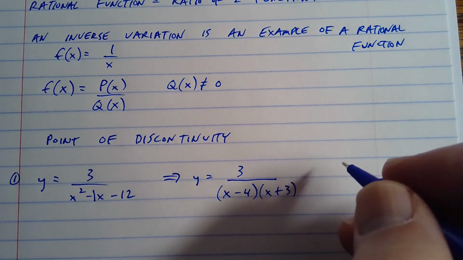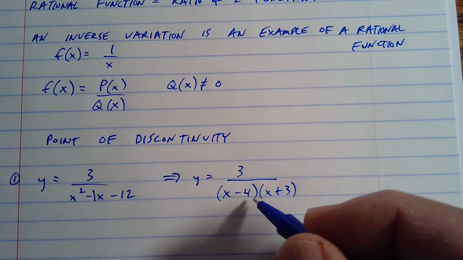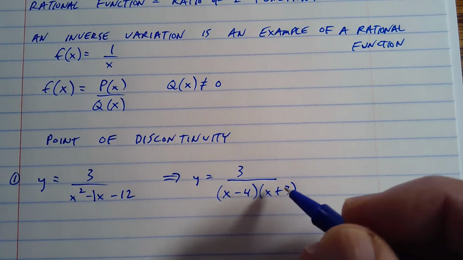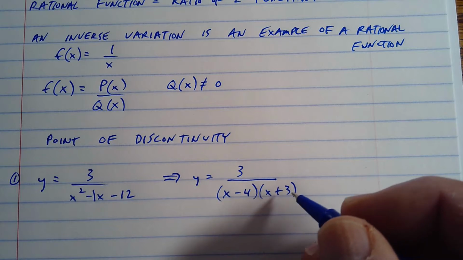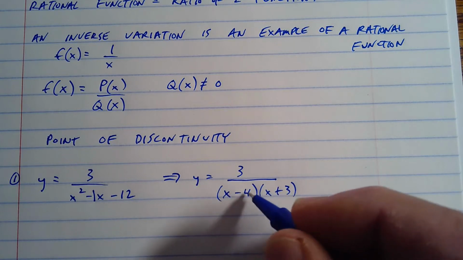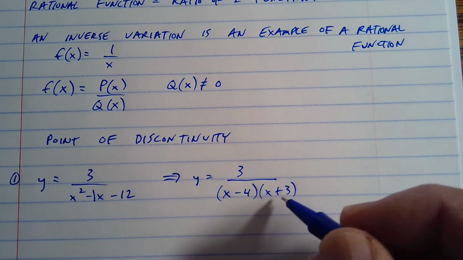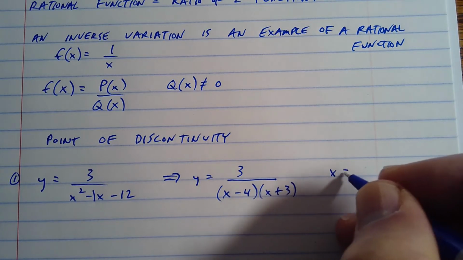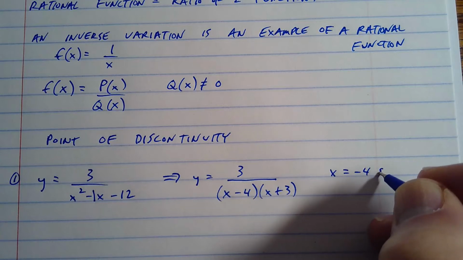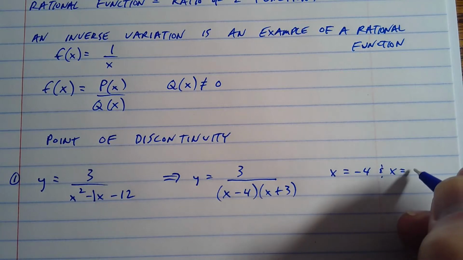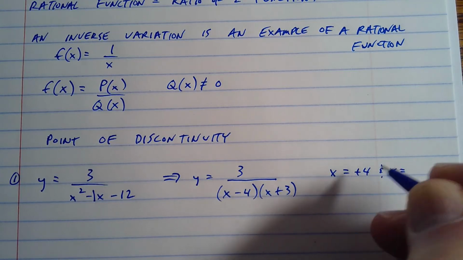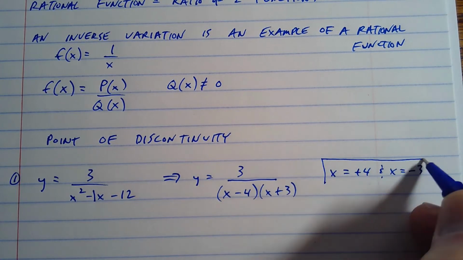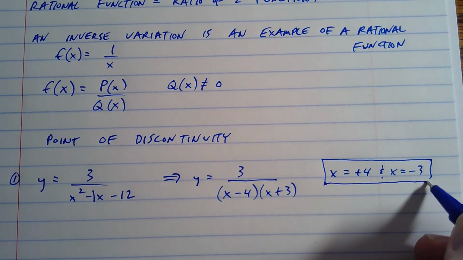That tells me that my two values of x that make these two different binomials 0 will be points of discontinuity. In other words, what zeroes it out? What would we have to restrict in this fraction? It's a positive 4, sorry, and negative 3. So those would be points of discontinuity.